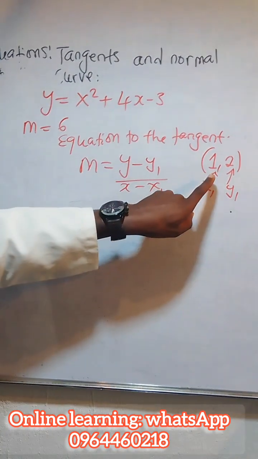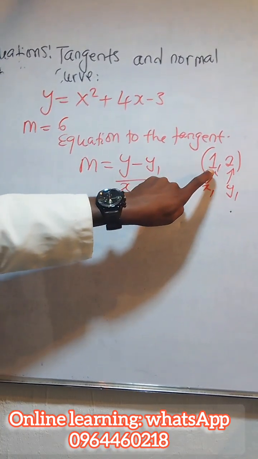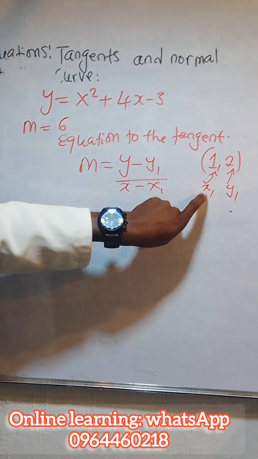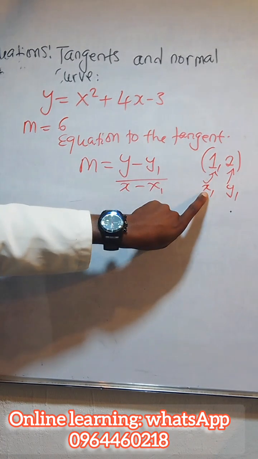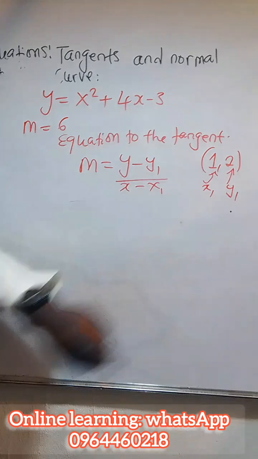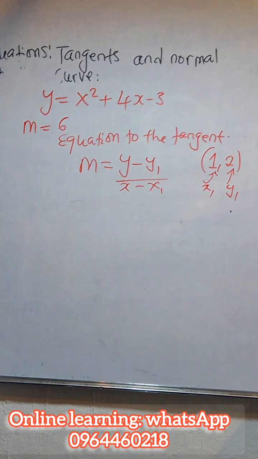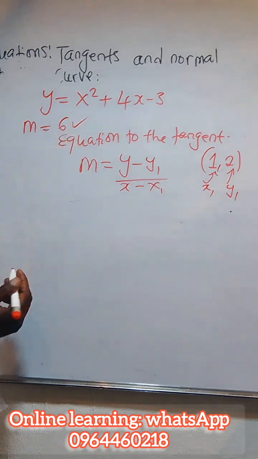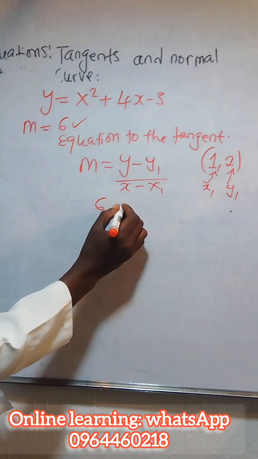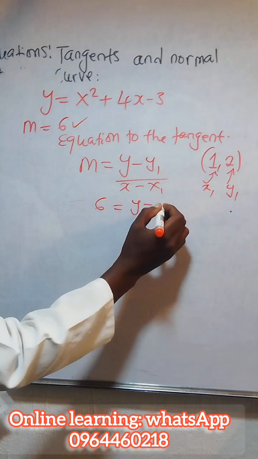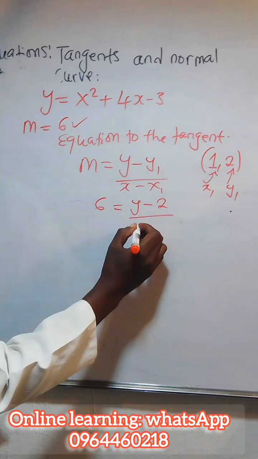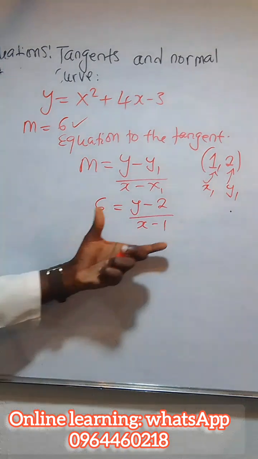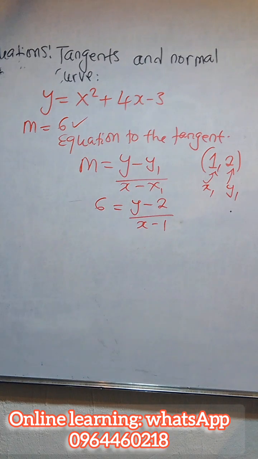The tangent point is (1, 2), and this one defines x1, this 2 defines y1. Now, I also know that the gradient is 6, so this becomes 6 equals (y minus 2) divided by (x minus 1).